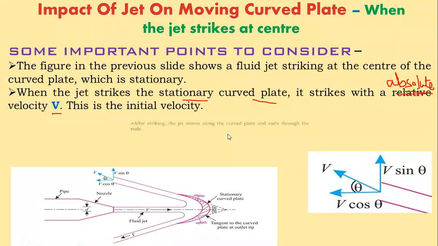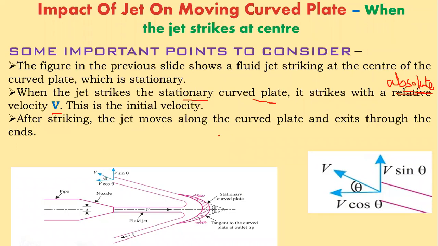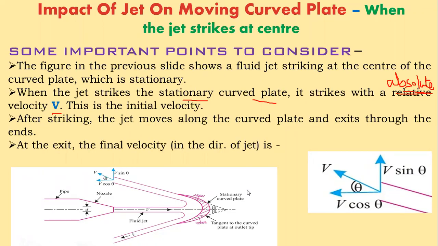Okay, now after striking, the jet moves along the curved plate and exits through the ends. The deflected jet will leave through the ends of the curved portion of the plate. Okay, it will exit. At the exit, the final velocity in the direction of the jet will be.